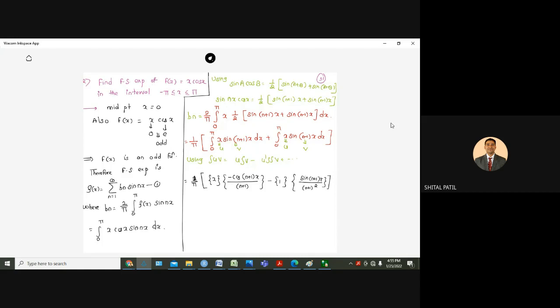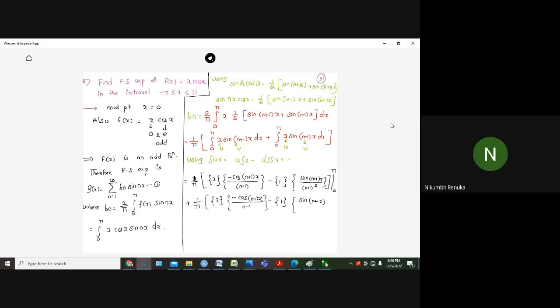This is the first integral, second integral. So in the first integral, it will come minus sin n plus 1, no?